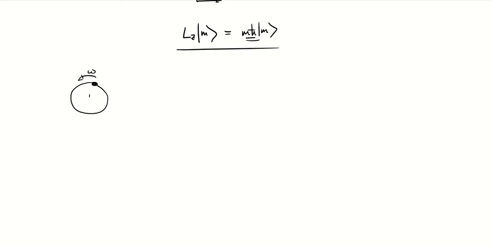If we look at that particle confined to a plane moving around a ring, we can think about the energy of that and use this wave function to describe it, right? We have an energy eigenvalue equation for a system like this that would look like that, right? And the Hamiltonian in this situation would just be the kinetic energy, right?